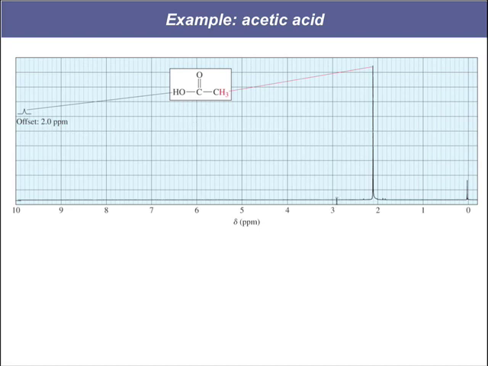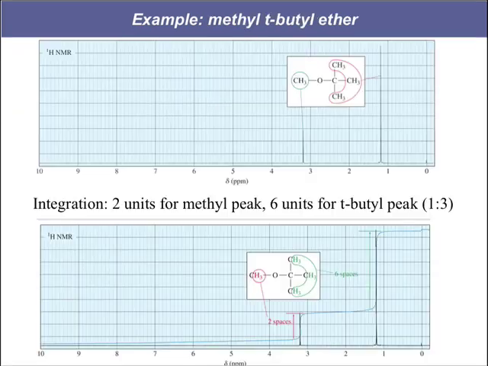Now, the integration of these signals, you can see that the single hydrogen over here gets a tiny signal, and the 3 hydrogens over here get a much larger signal. If you were to calculate the area under these curves, the area under the 2.1 curve would be 3 times greater than the area under the 12.0 curve.